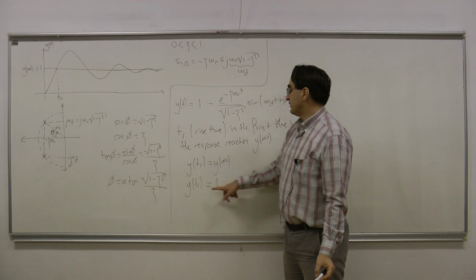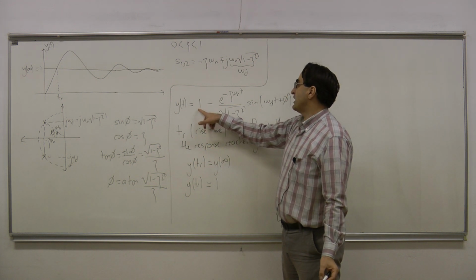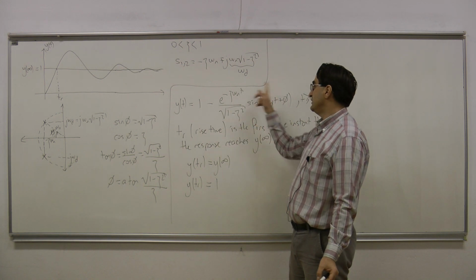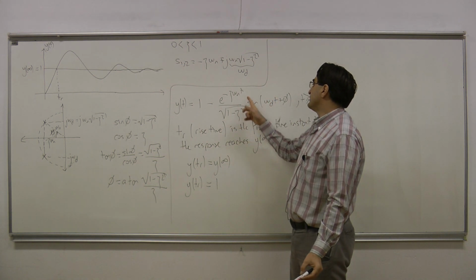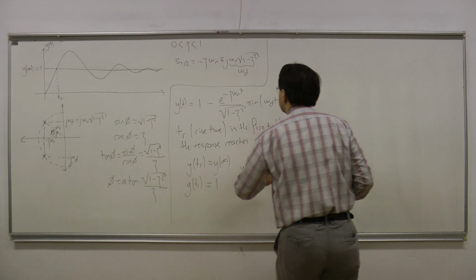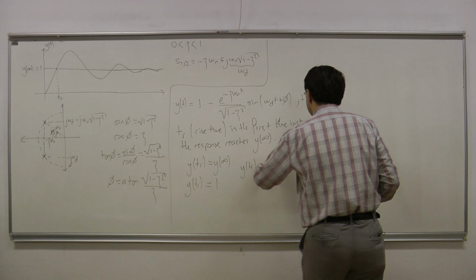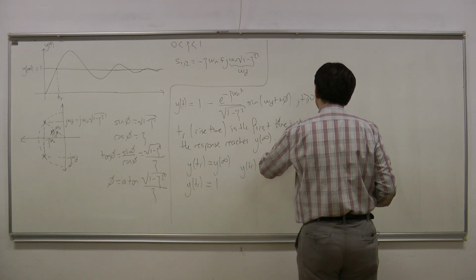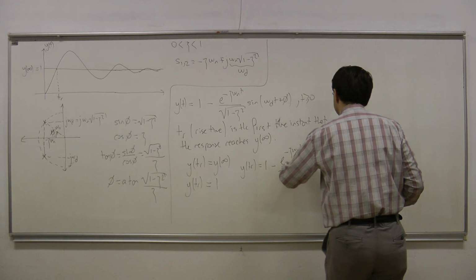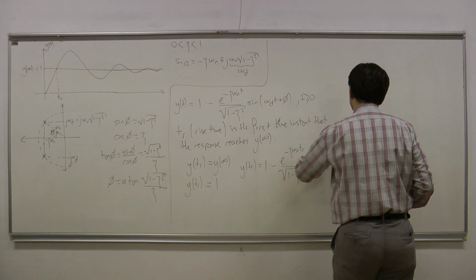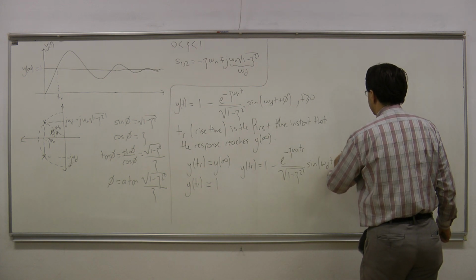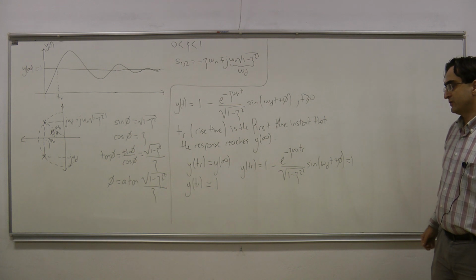So y of tr is equal to 1. That means that this second term has to be equal to 0 at tr. If I find y of tr, I get 1 minus e to the minus psi omega n tr divided by square root of 1 minus psi square, times sine of omega d tr plus phi, and this should be equal to 1 at tr.